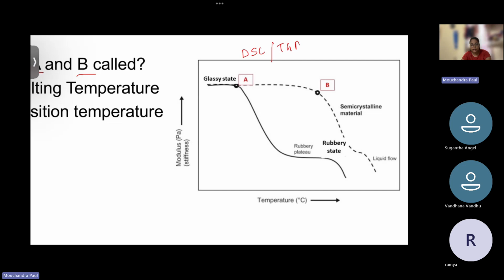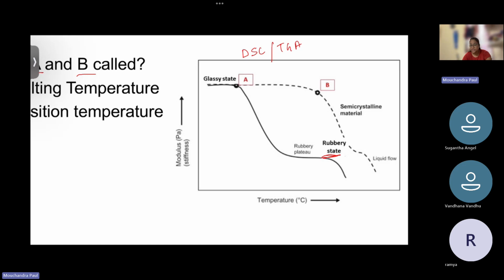Notice point A: below point A, the material is in a glassy state. What is glassy state? It means it is in a crystalline state. If it is a polymer, the polymer chains are very well arranged in an ordered manner. But as we increase the temperature, notice the x-axis, the state of the material changes to a rubbery state.